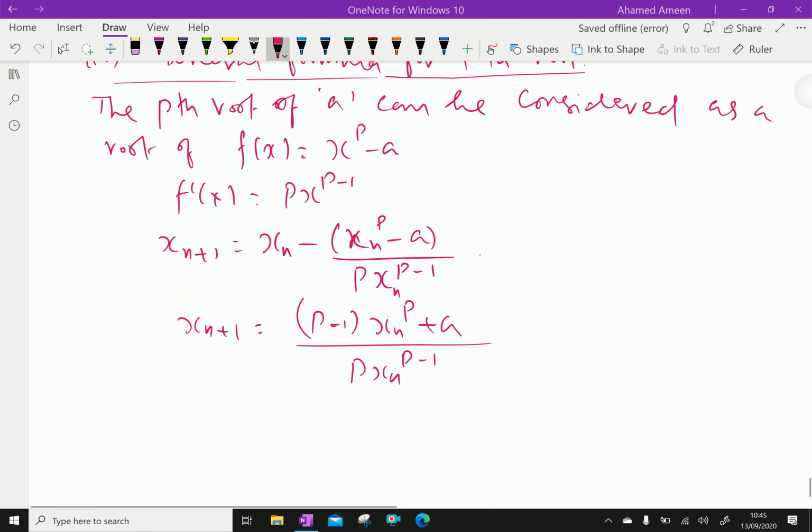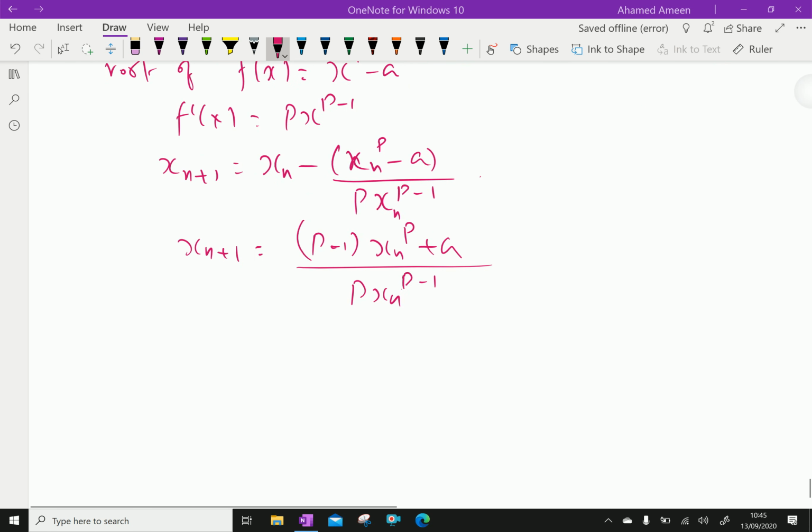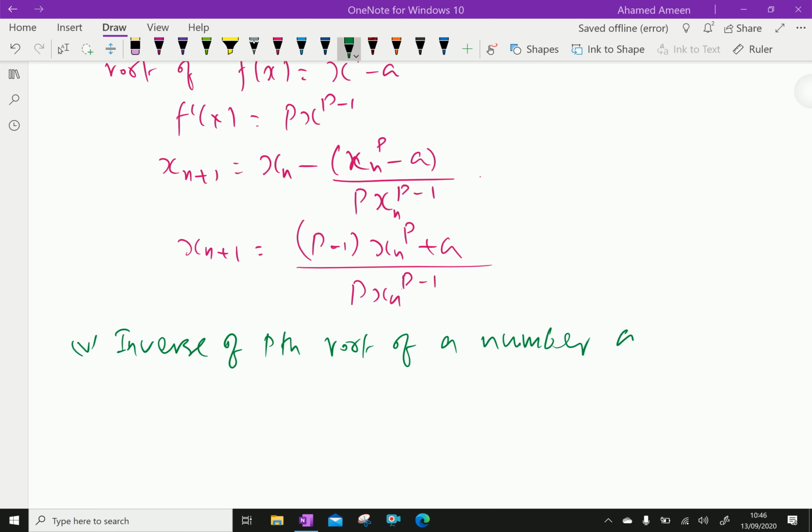Then the inverse of the pth root of a number a.